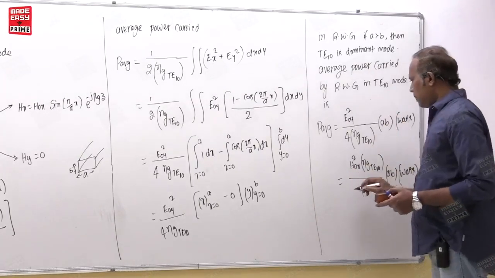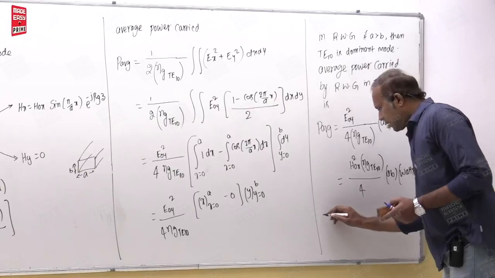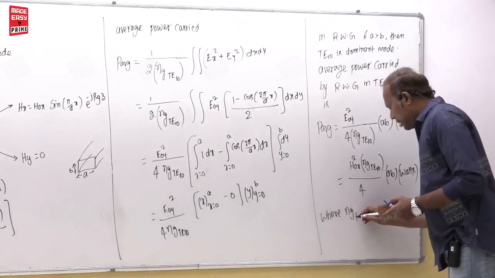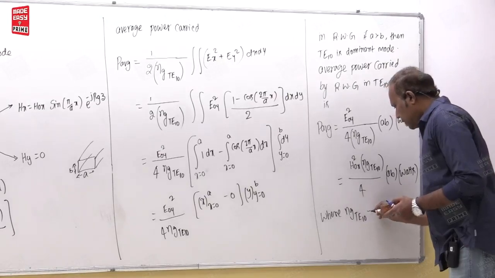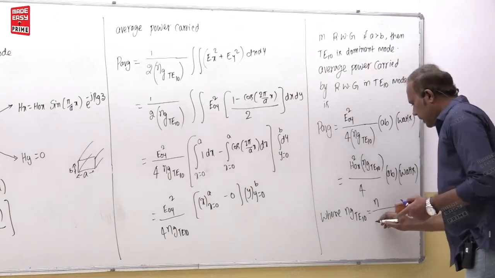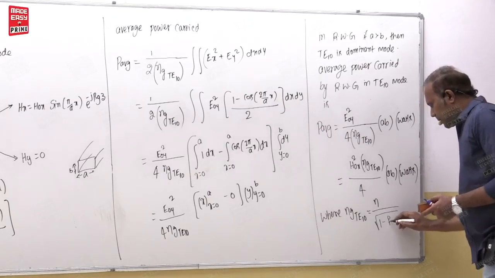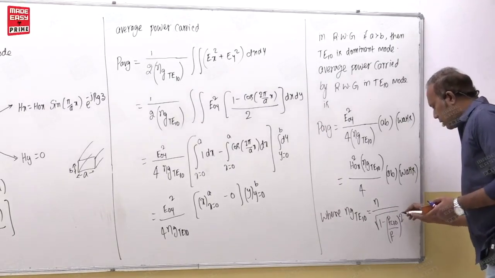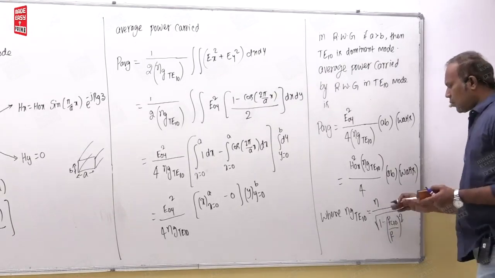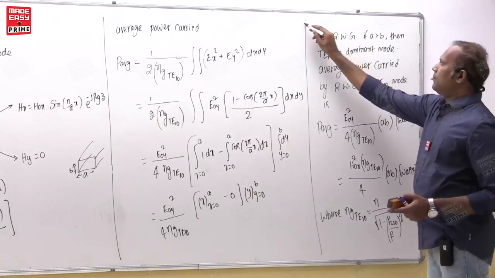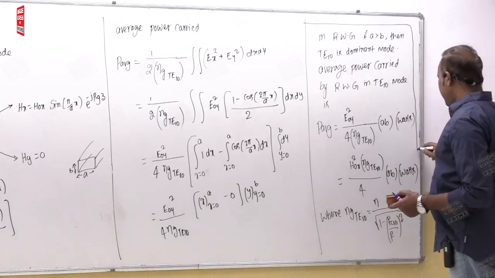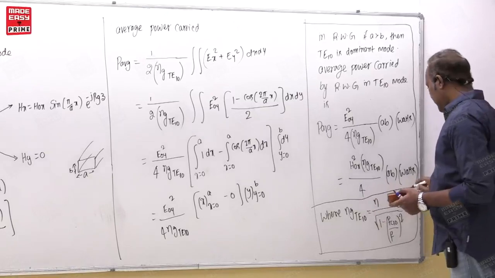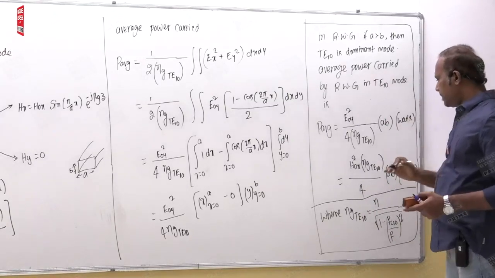Now this is the formula, where eta_g TE10 mode is equal to eta divided by root of 1 minus (fc10 divided by f) whole squared, where eta is equal to root of mu by epsilon. This thing you have to put in the box, students. This you have to remember. Okay, so this is the formula.